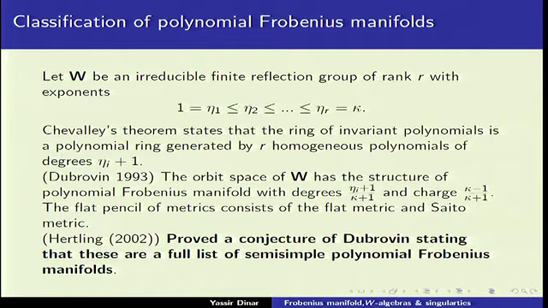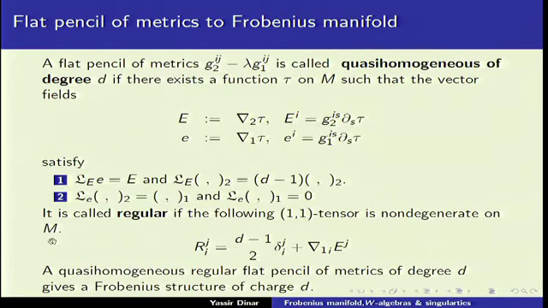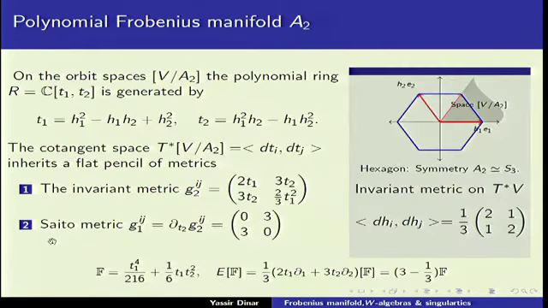So you take the orbit space, and these homogeneous invariant polynomials will be the coordinates on the orbit space. So you construct an algebraic Frobenius structure by using a flat pencil of metrics. The first one is constructed from the flat invariant metric, and the second one will be, as in this example, just the derivative with respect to the invariant metric.